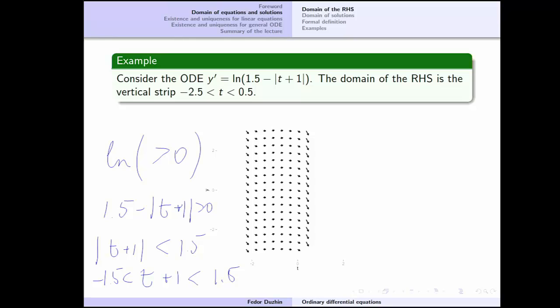And subtracting 1 we get that minus 2.5 is less than t and t is less than 0.5. Right, and that's how we got it. So the domain of the right-hand side is given by this inequality. Geometrically it is an infinite vertical strip. There is no restriction on y, but there is a restriction on t.